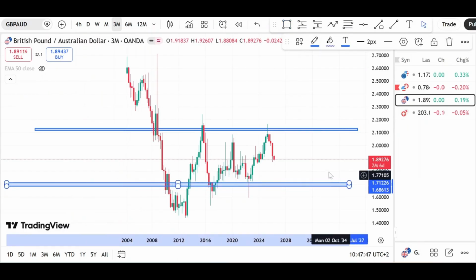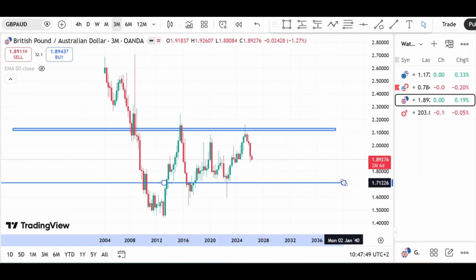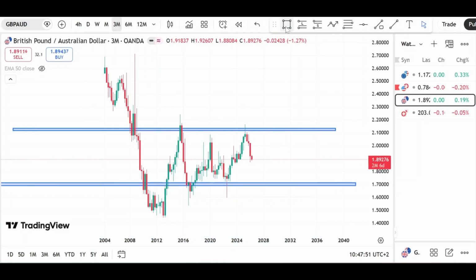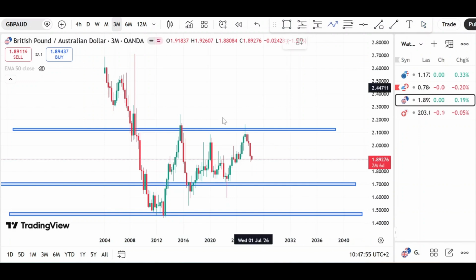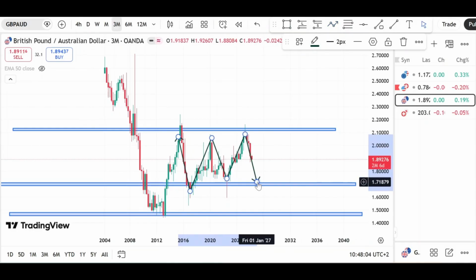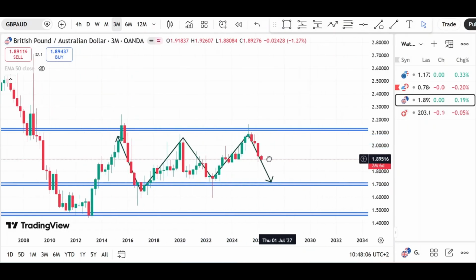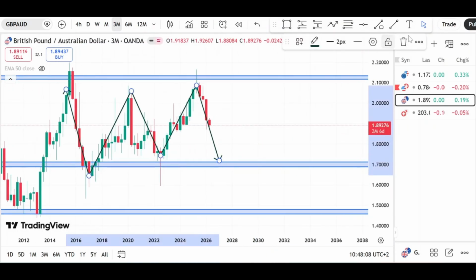Okay, we are in a range or a consolidation, because this is another zone here. Look, we have been seeing a range or a consolidation here like this. So expect the price to return back down here in order to complete this bearish leg.